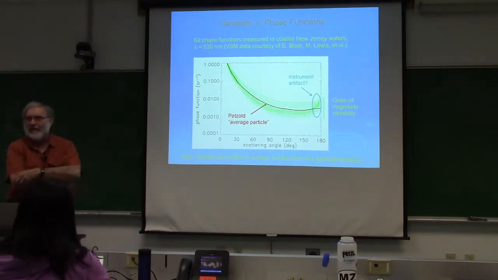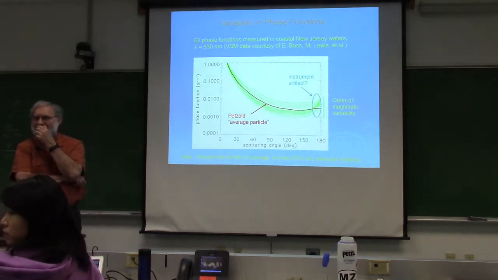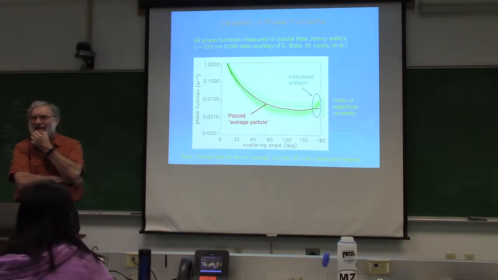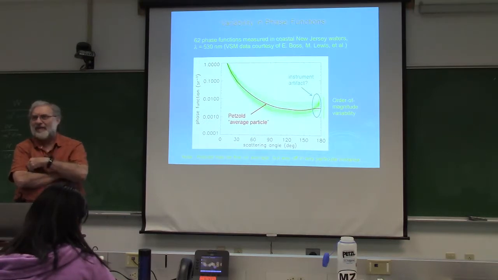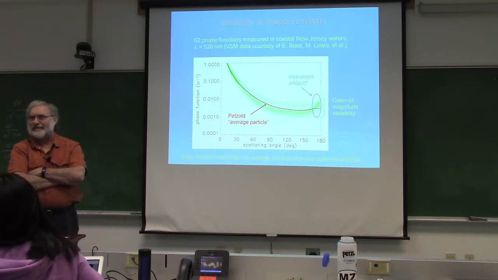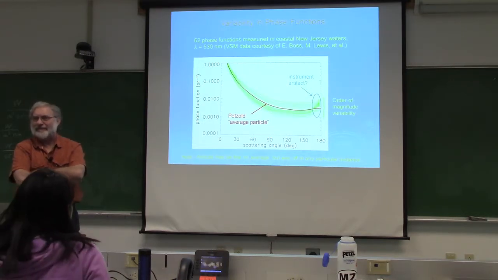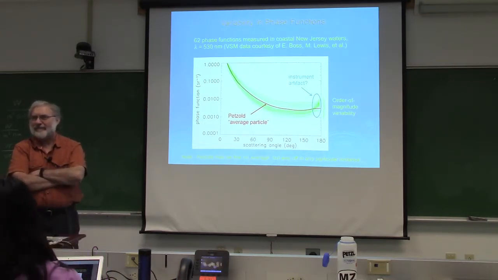I may have missed this, but do the 62 green lines represent water conditions that are very much similar to each other? It's coastal New Jersey, so sometimes in the coast, sometimes further out, sometimes closer to the bottom, sometimes closer to the surface.